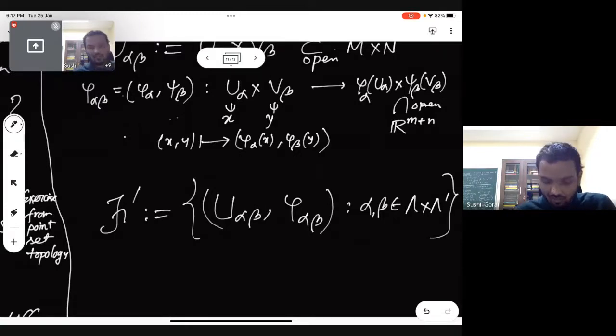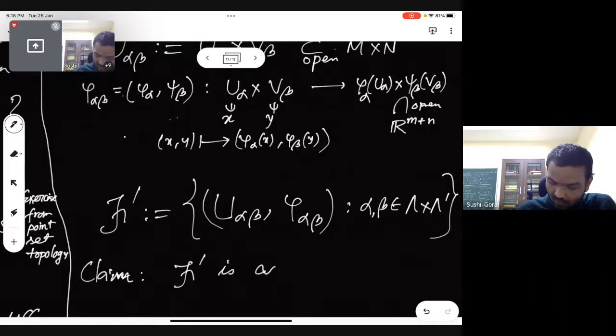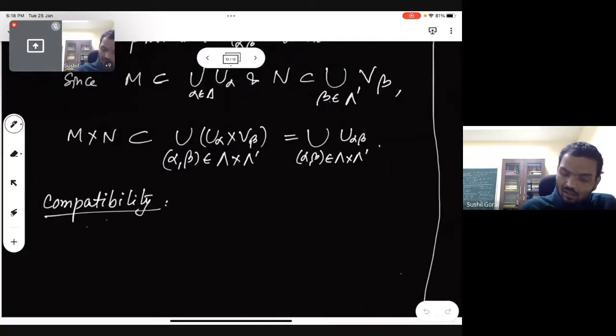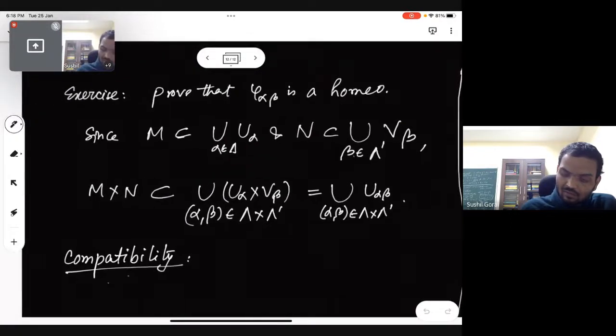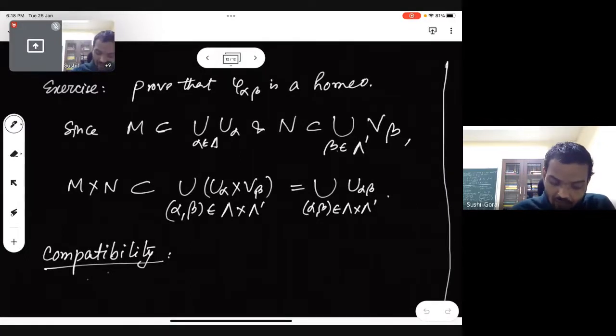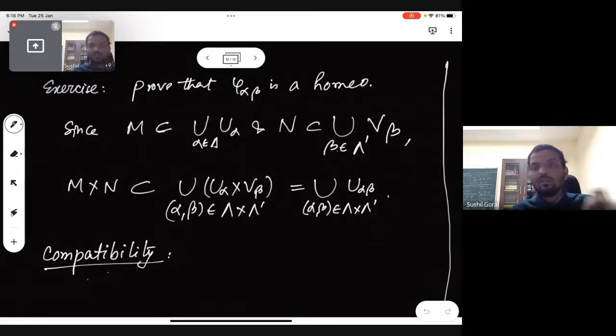So F tilde is an atlas on M cross N. This is what we were showing here. Phi alpha beta is a homeomorphism, that's an exercise, and M cross N is contained in the union of U alpha beta, where alpha beta belongs to the corresponding index sets.